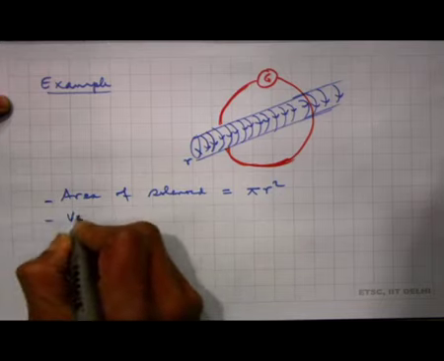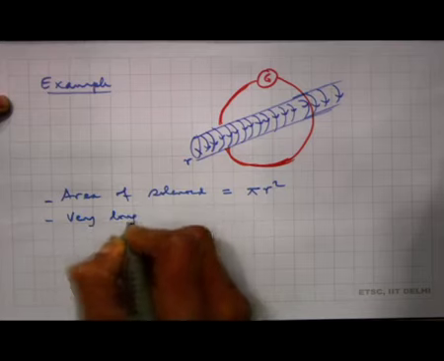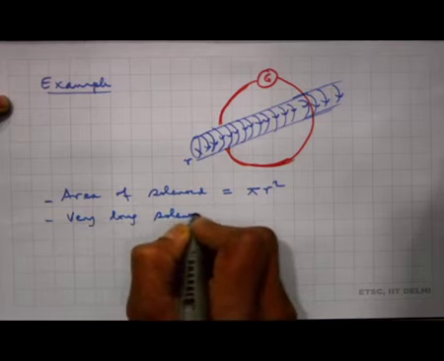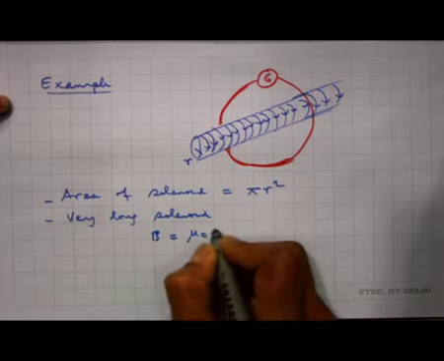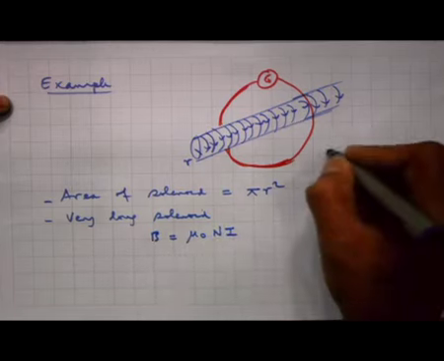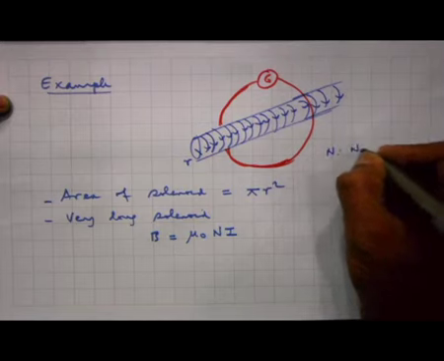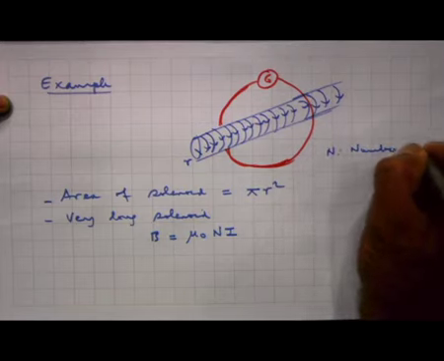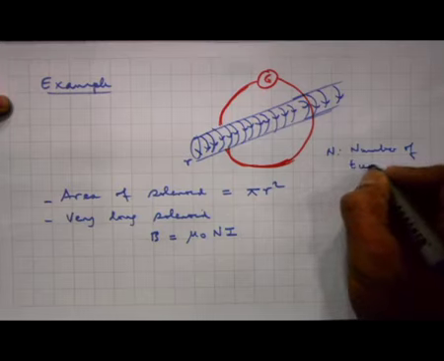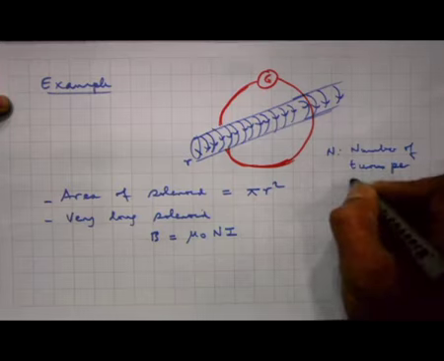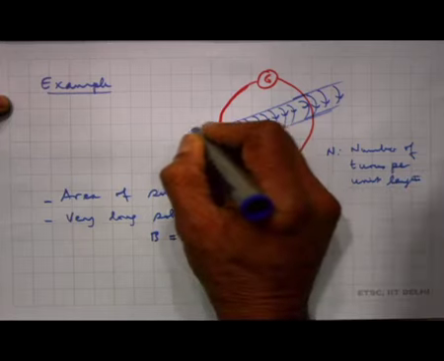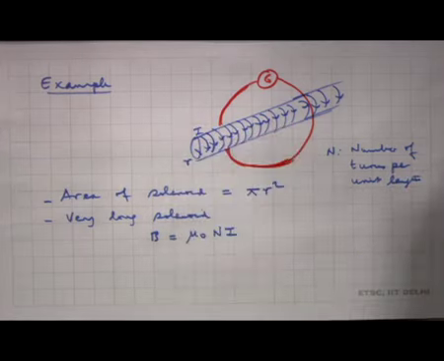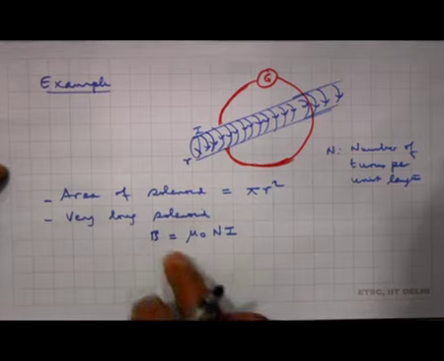For a very long solenoid, the magnetic field is equal to mu naught n times I, where n is the number of turns per unit length, and the current flowing through this solenoid is I. So, mu naught n I is the magnetic field.